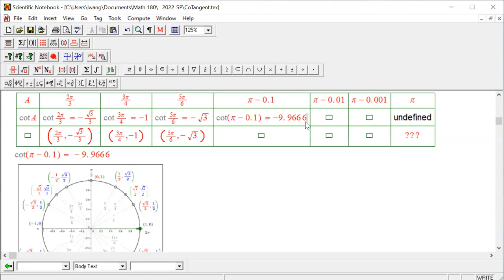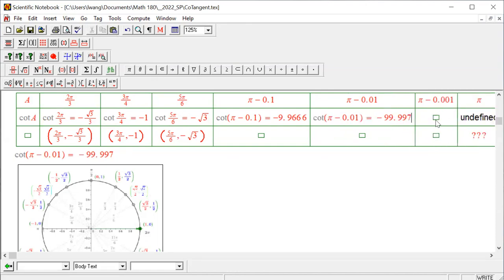How about for pi minus 0.01? That's even closer to pi, and that value is going to be negative 99, so it's even smaller. And the next one, you can anticipate this is going to be even smaller. This value numerically is negative 1,000.